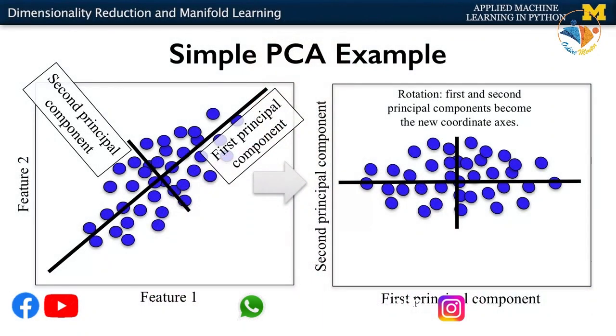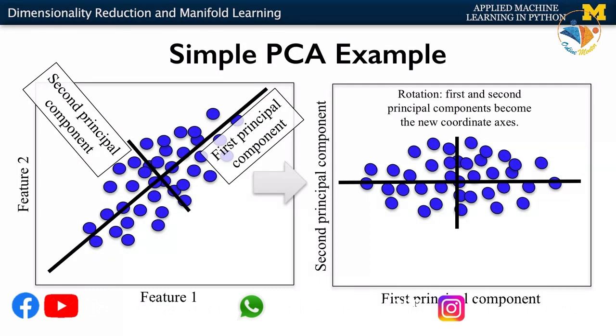Here, if we have two original features that are highly correlated, represented by this cloud of points, PCA will rotate the data so the direction of highest variance, called the first principal component, which is along the long direction of the cloud, becomes the first dimension. It will then find the direction at right angles that maximally captures the remaining variance.